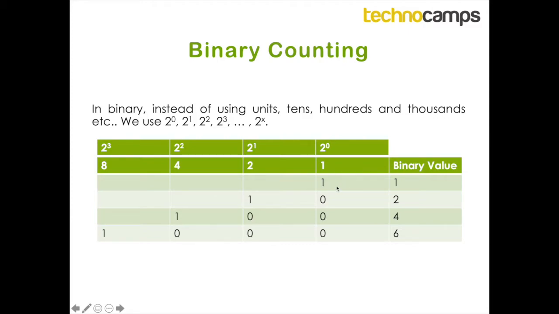If we have a 1 on the rightmost, that will give us a value of 1. If we have 1, 0, that will give us 2, and then so on. 1, 0, 0, 0 will give us, there's an error there, that should not be 6, that should be 8.